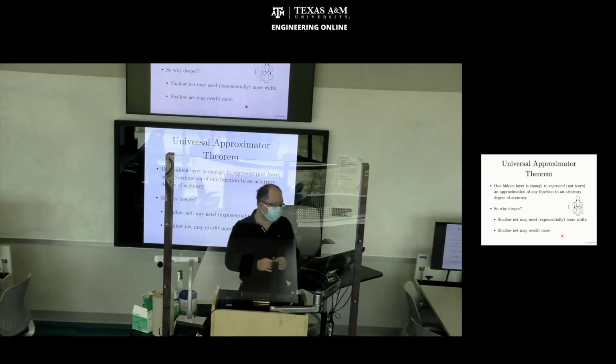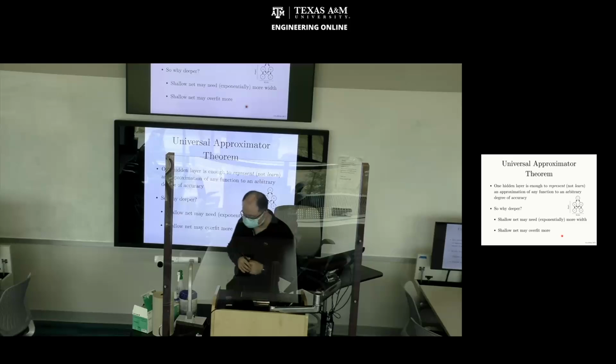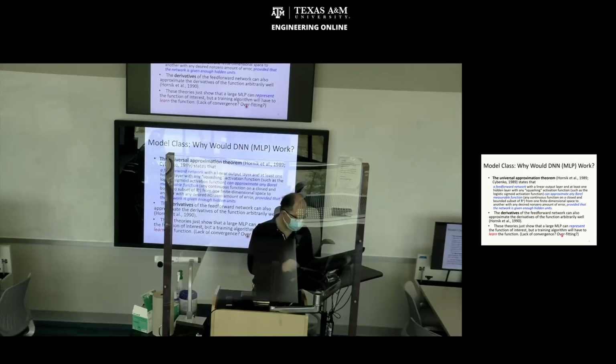So let's understand the universal approximation theorem a little bit more. Let's say one hidden layer is enough to represent, not learn, an approximation of any function to an arbitrary degree. Remember, the condition is that there are enough hidden units.